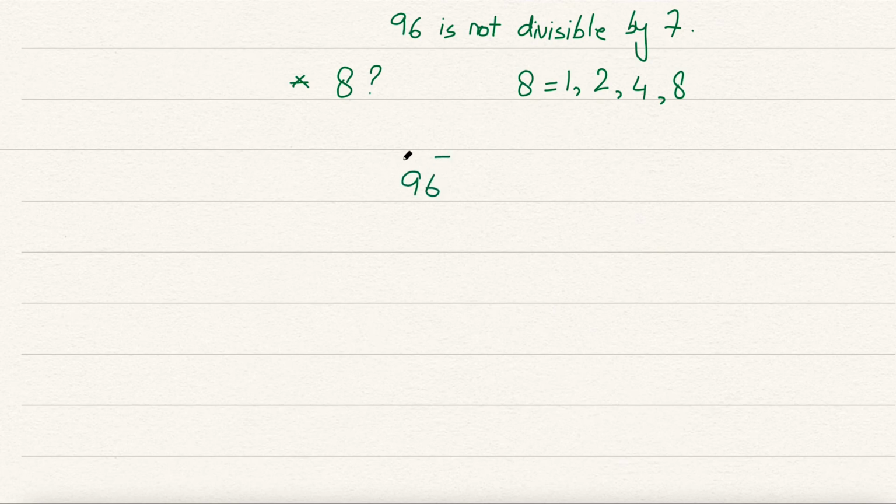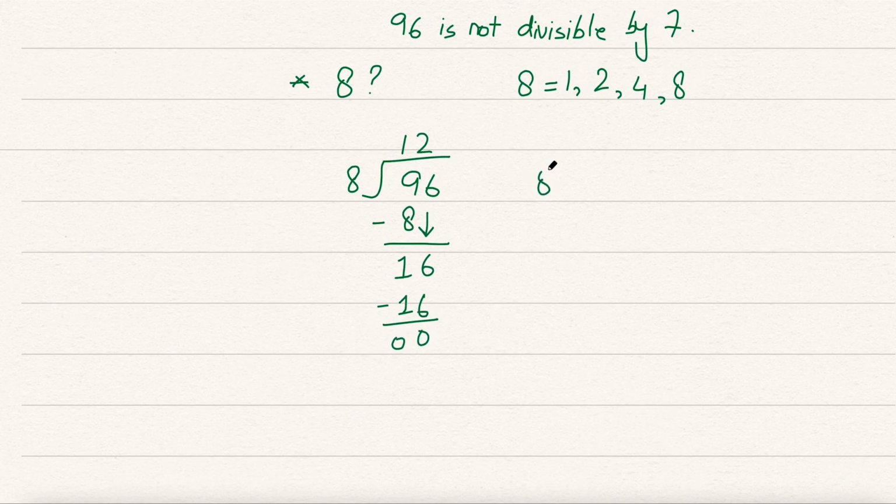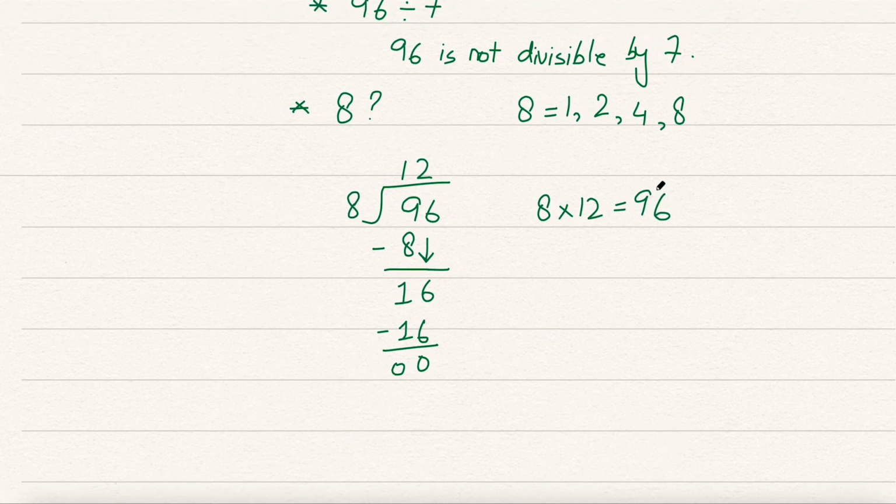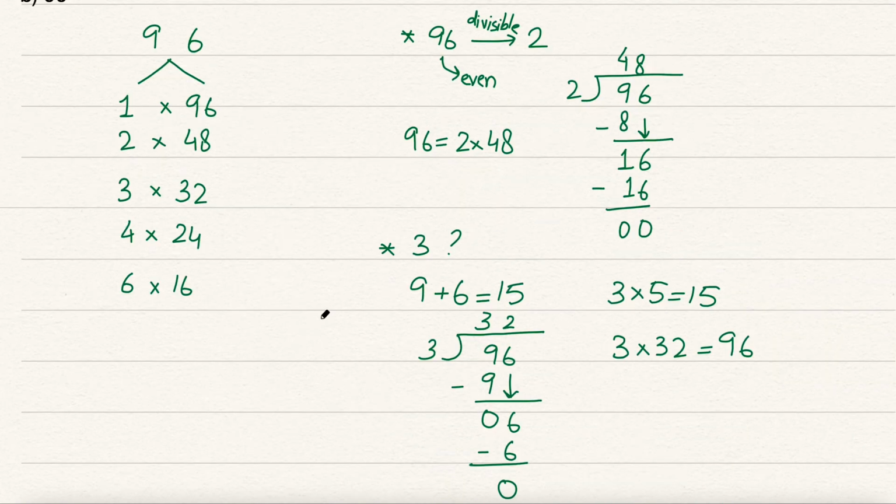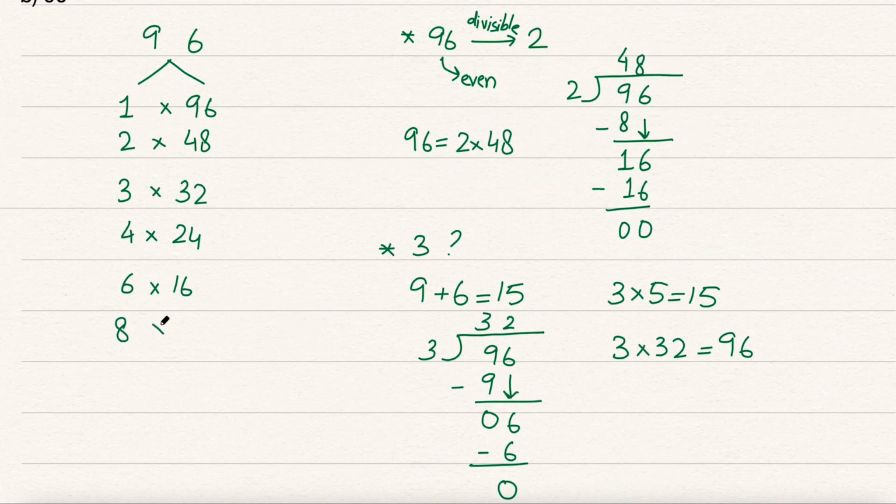This is 96. 8 times 1 is 8. 9 minus 8 is 1. We'll bring 6 down. This will be 8 times 2 is 16. Subtract the numbers. That means 8 times 12 is 96. Let's list the numbers on top. So this is 8 times 12 is 96.